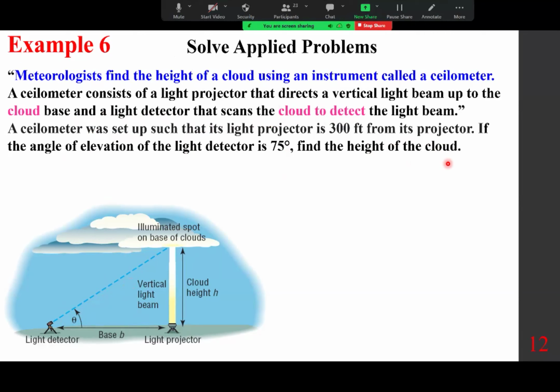Let's see what we are discussing here. So we have the vertical light. Here's the cloud height. We are interested in this height. Here's the light detector. Here's the angle of elevation, theta. And here's the distance. So let's plug in the numbers. So this angle, 75 degrees. This distance, 300 feet.